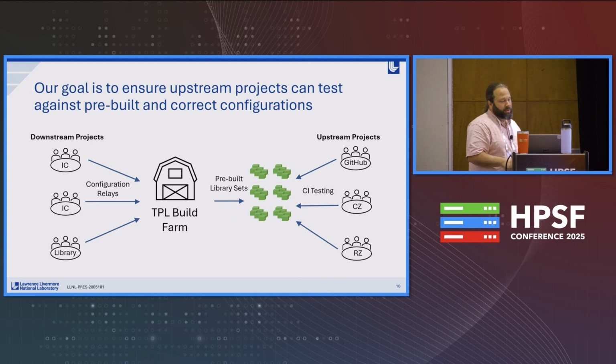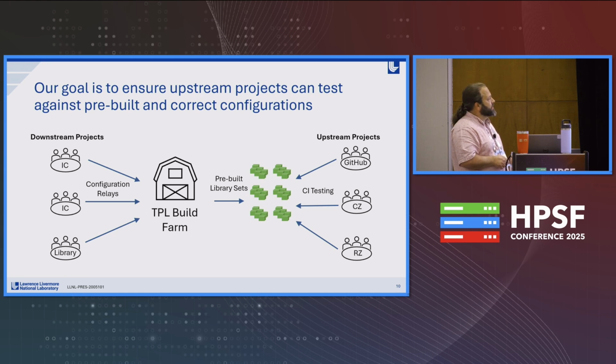So our goal is to ensure that our upstream projects, as I talked about before, can build against these pre-built and correct configurations. So we have these downstream projects. These are the integrated codes, whether they're integrated code or a library. We're building this thing called a configuration relay.